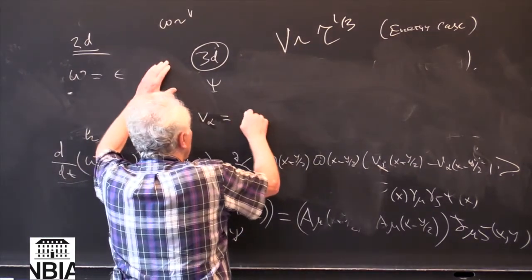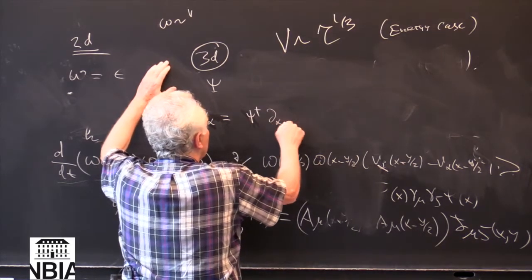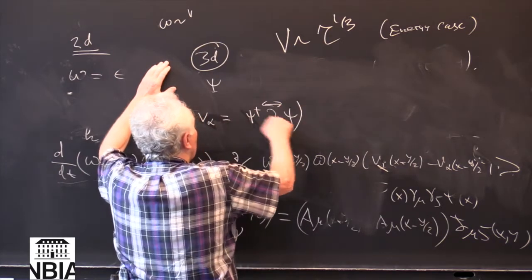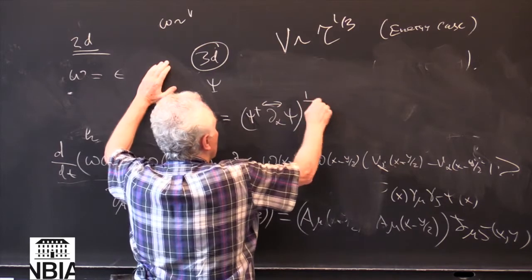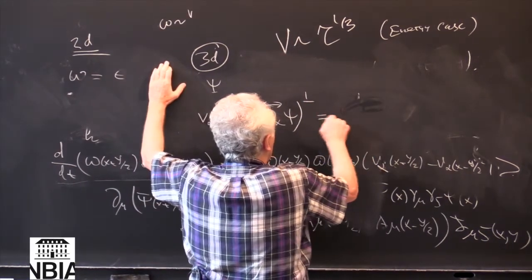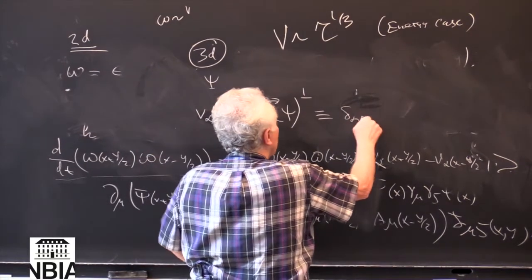Namely, you take psi dagger, you take the derivative, which acts in both directions, psi, and you take a perpendicular projection. Perpendicular projection by definition means that it is non-local.